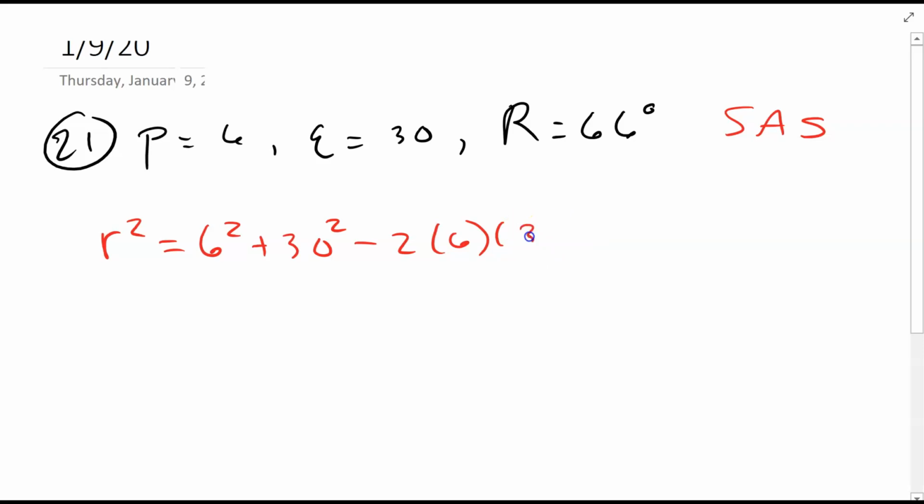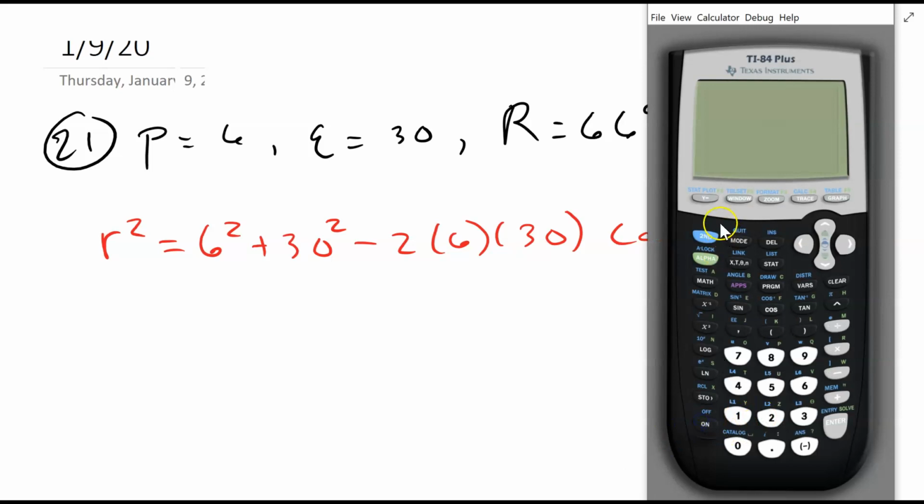Okay. And this I can just type directly into my calculator. And I'm going to do this all in one line. And because I'm looking for just R, I'm going to start with the square root. Ella, so far so good?